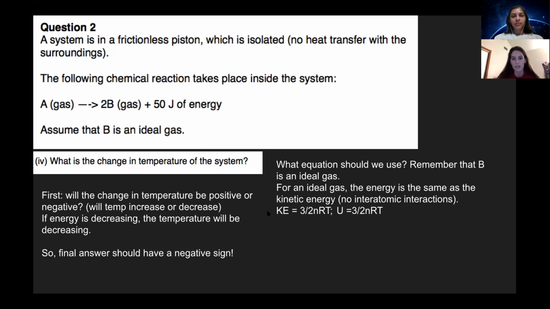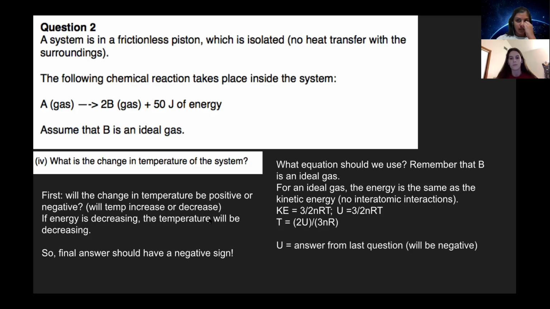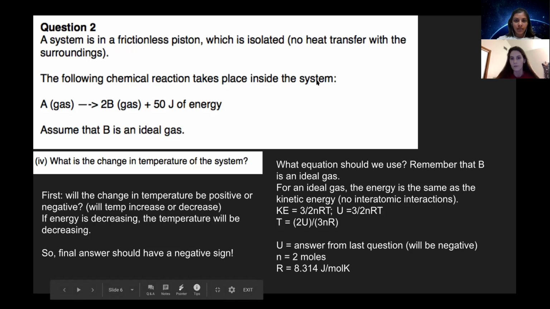And kinetic energy has the equation of 3/2 nRT, so U will also equal 3/2 nRT. Then you just isolate for temperature, because that's the variable we're trying to find. U will be the answer that you got from the last question in joules, n is 2 moles, and R will be 8.3145 joules per mole Kelvin.